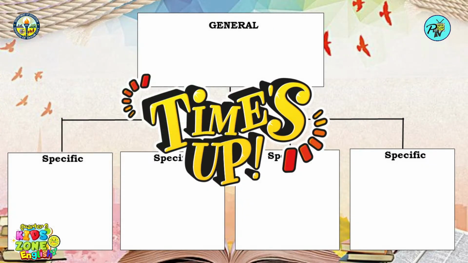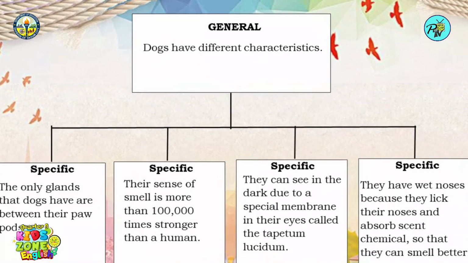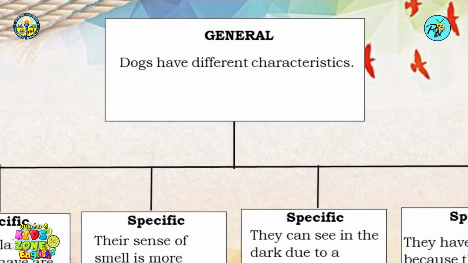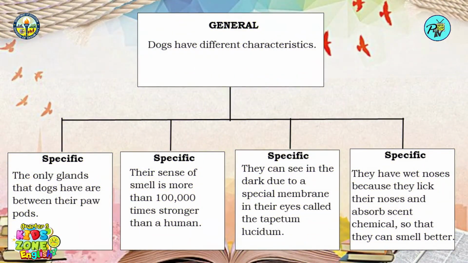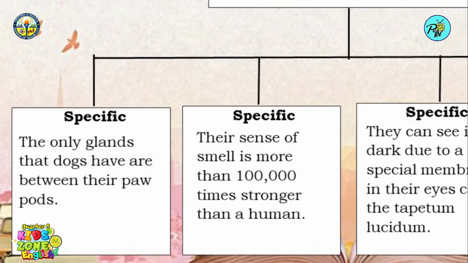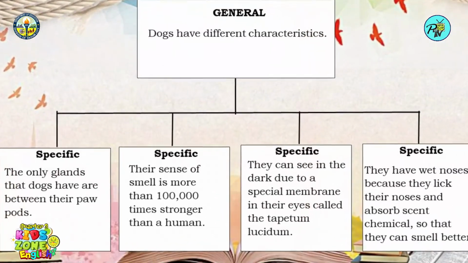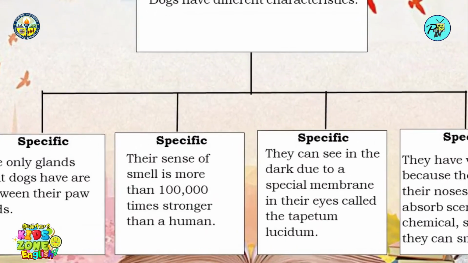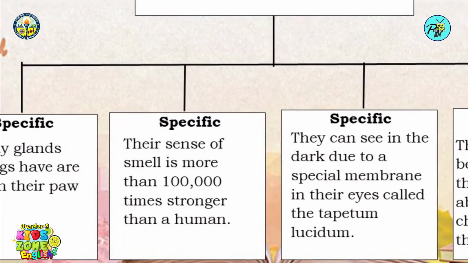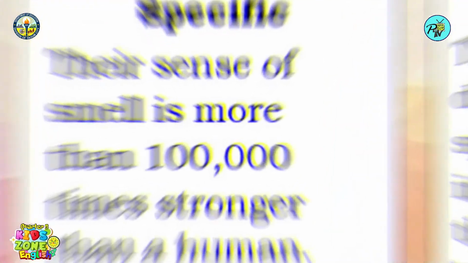Let us check your answers. The general statement is, dogs have different characteristics. The specific statements are, first, the only glands that dogs have are between their paw pads. Second specific statement, their sense of smell is more than 100 times stronger than a human.